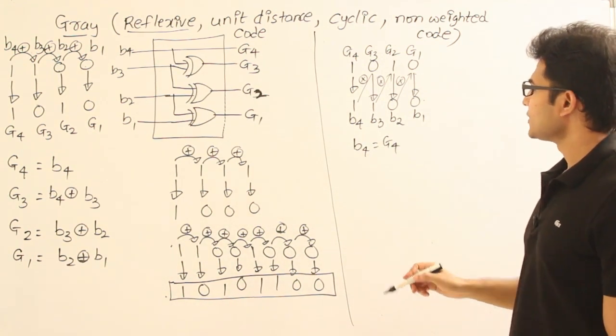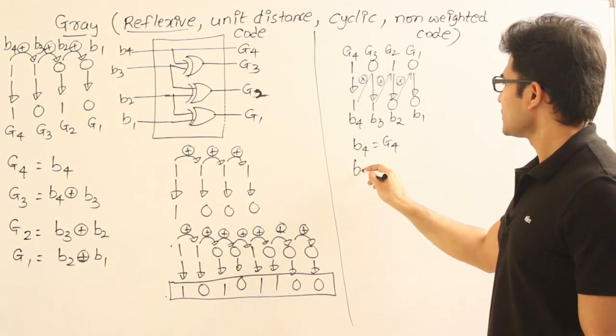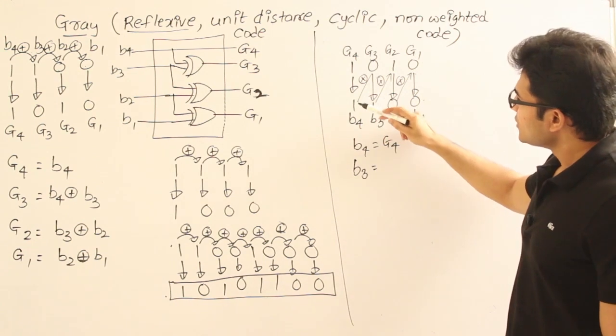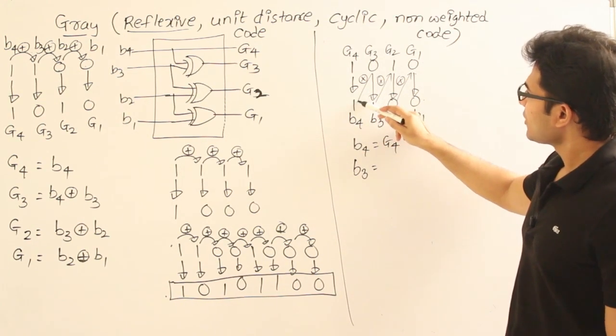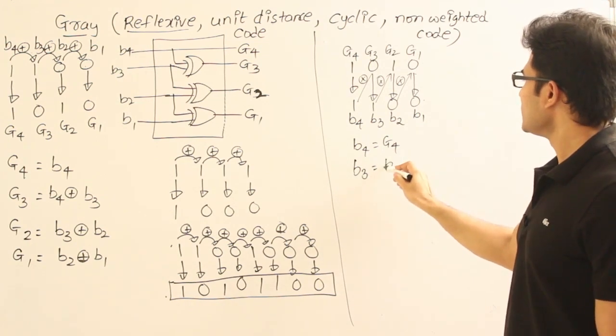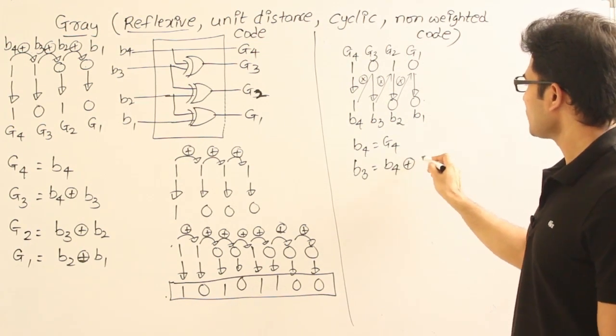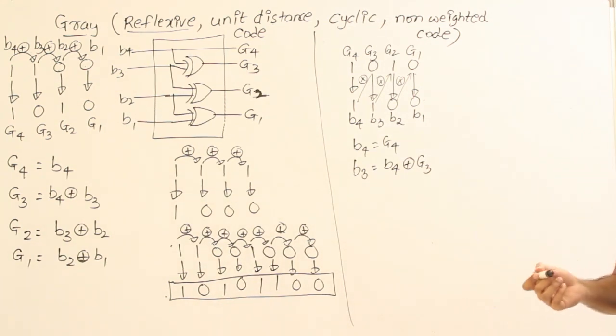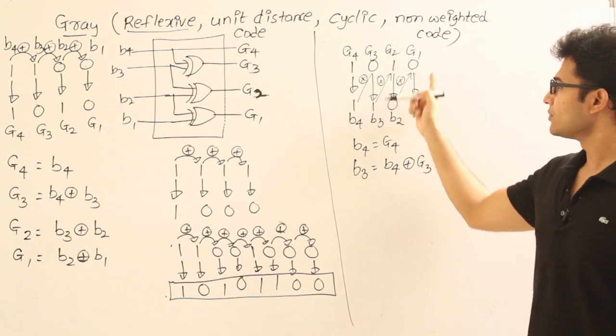And next thing is, I want to find out what is B3. So B3 is nothing but B4 exclusive OR with G3, isn't it? Therefore it is B4 exclusive OR with G3. But then it is better if you write the output in terms of input. Output is binary number, input is gray code.